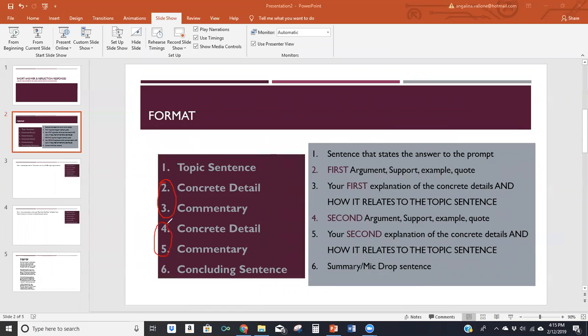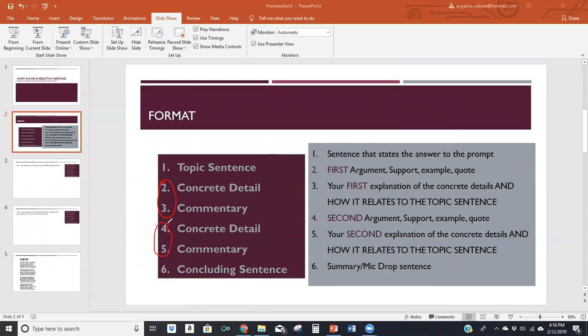So your first concrete detail is going to offer an argument, a piece of support, an example, a direct quote from an outside source. It could be anything really, as long as it's an example of something, or your reason behind something. And then what pairs with that is what's called the commentary. And this is the part I think students don't realize.